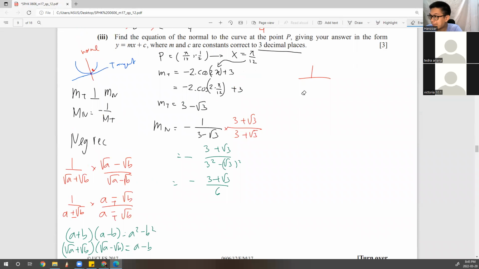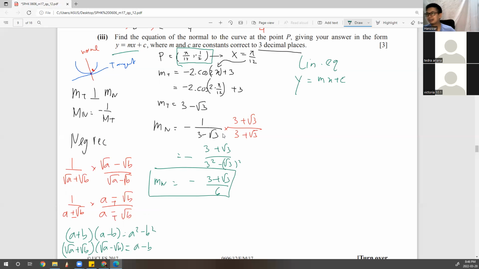We have the m. Now we have the point, and the gradient of the normal will be like this. So to form the linear equation, y equals mx plus c. The y is already given: negative 1 over 2 equals m of the normal. Why?